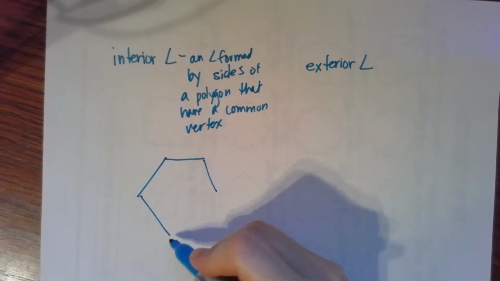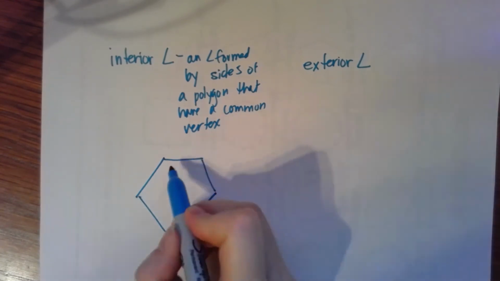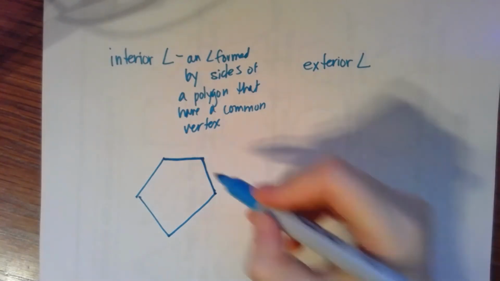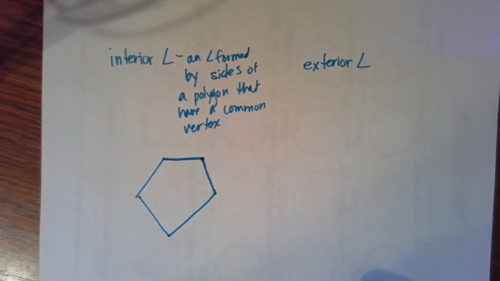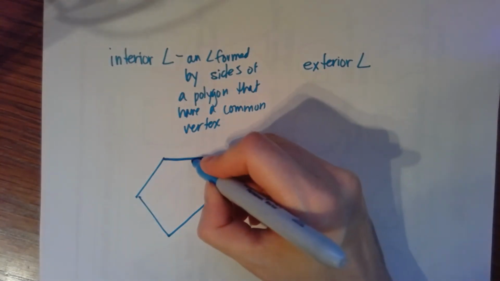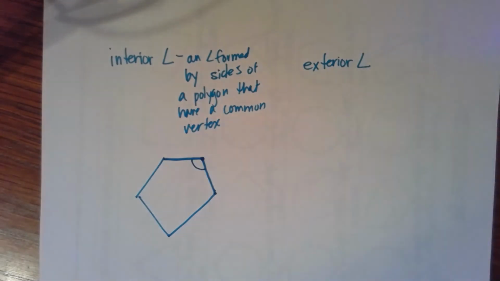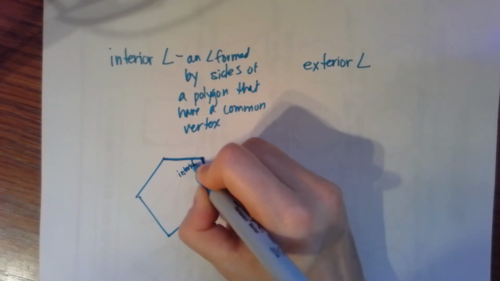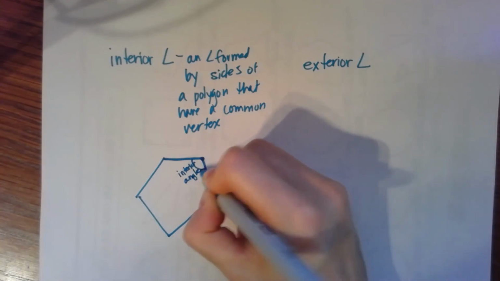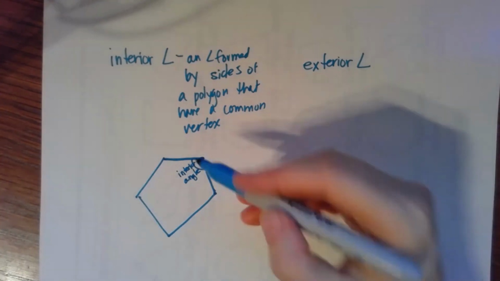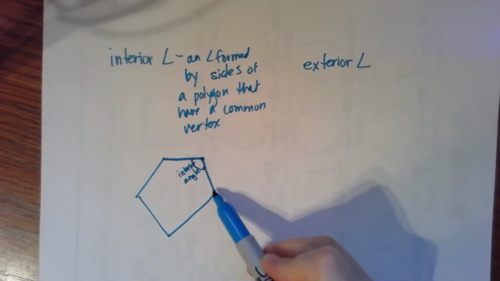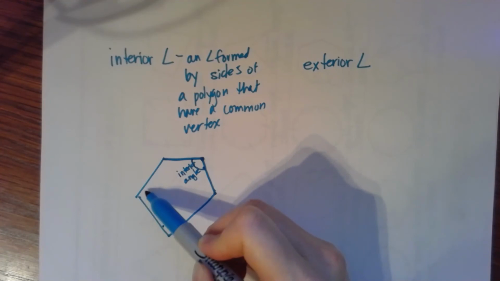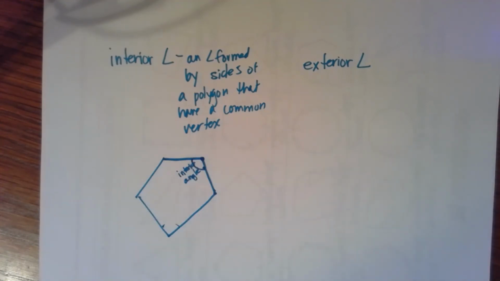I've got this side and this side right here, they share a common vertex. And the angle that they make, this angle right here, would be an example of an interior angle. And that makes sense because it's on the inside. So this would be an interior angle, this one would be interior, this interior, this interior, and this interior.